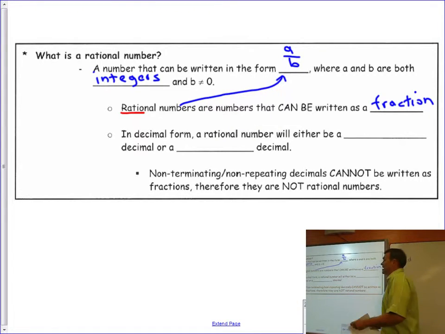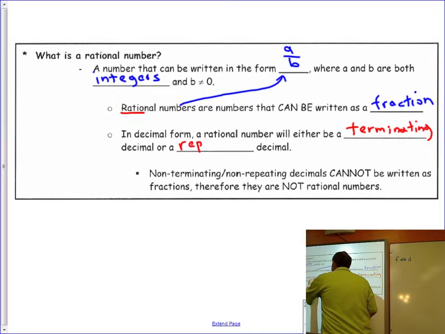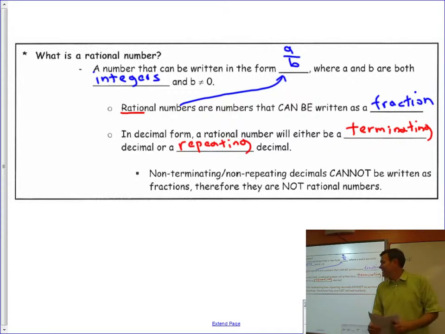In decimal form, a rational number will either be a terminating decimal or a repeating decimal. All terminating decimals can be made into fractions. All repeating decimals can be made into fractions. So all of those types of decimals will be rational numbers.